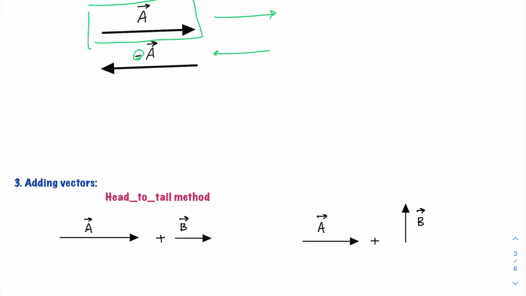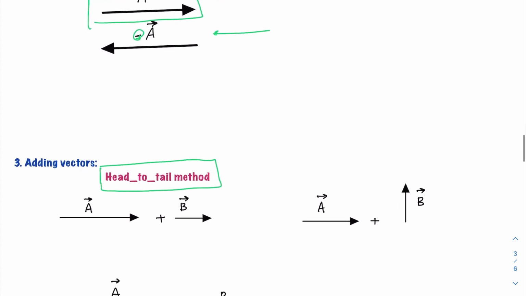Here, the most practical part of the vector properties is adding vectors. We have a technique called the head to tail method. Head to tail, or some say tail to head.